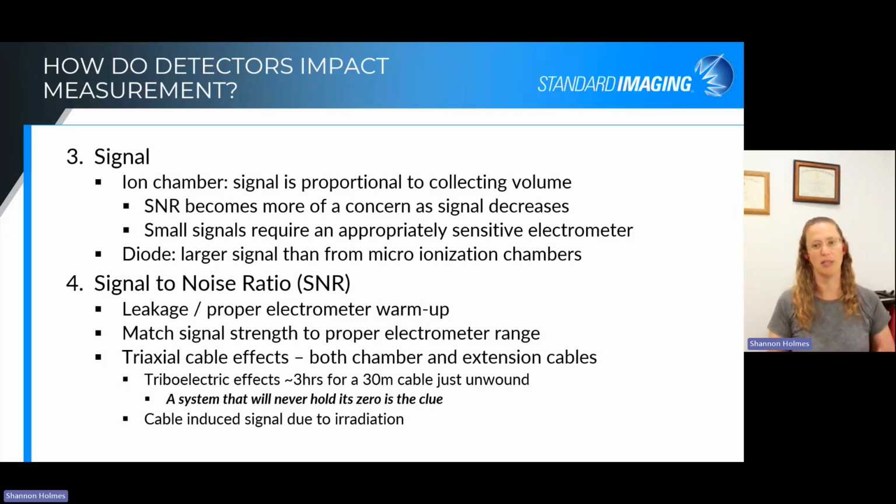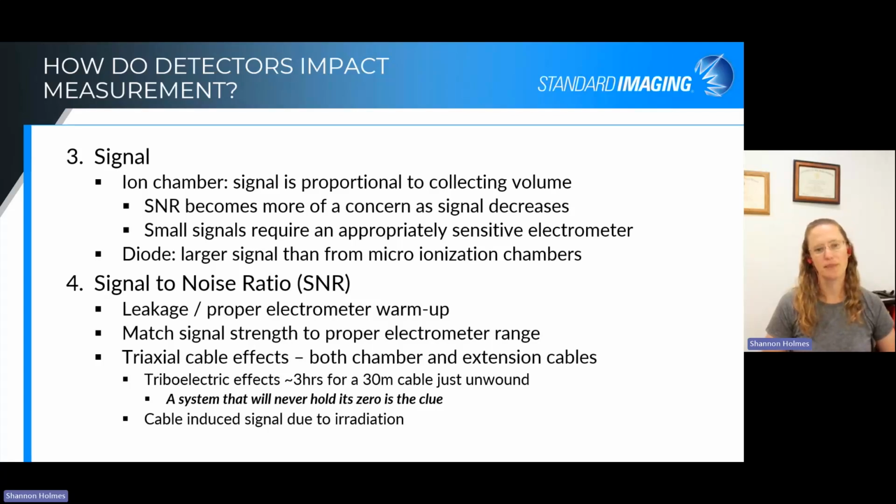So if your electrometer doesn't have a good low range, or has a higher noise floor, that will come into play with some of your measurements as well. An advantage of diodes is that you do get a larger signal from them than from the microionization chambers. Of course, there are trade-offs with those as well, but that does help with signal to noise ratio if that's a problem for you.